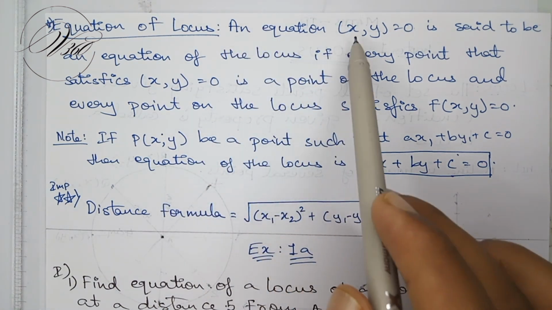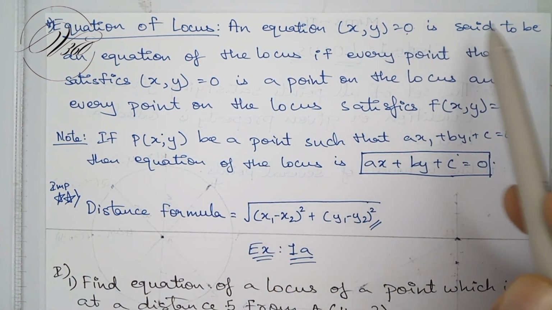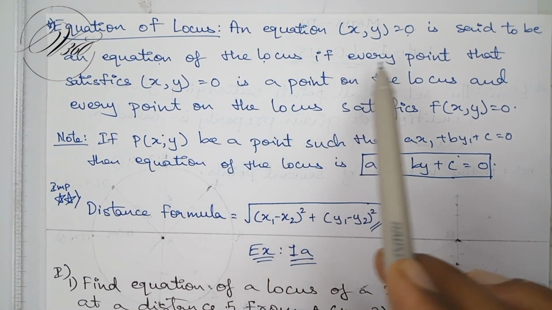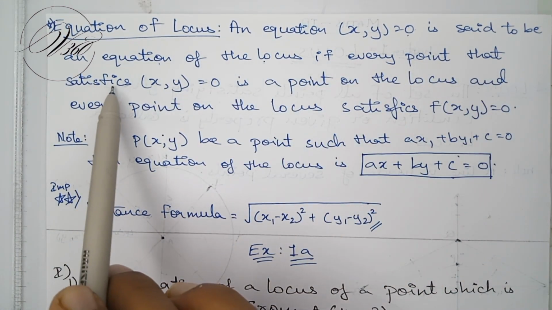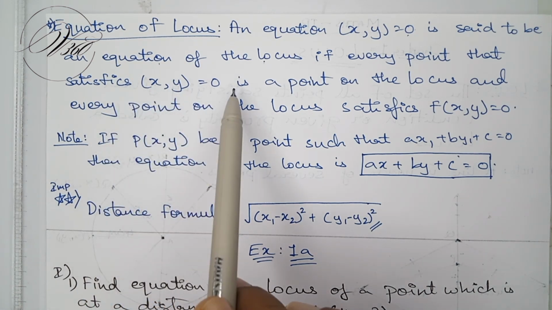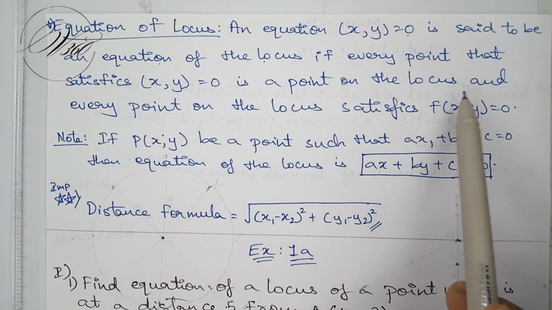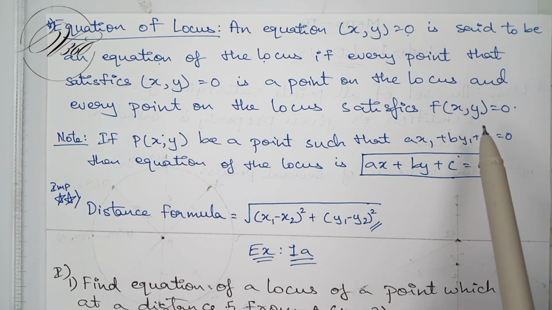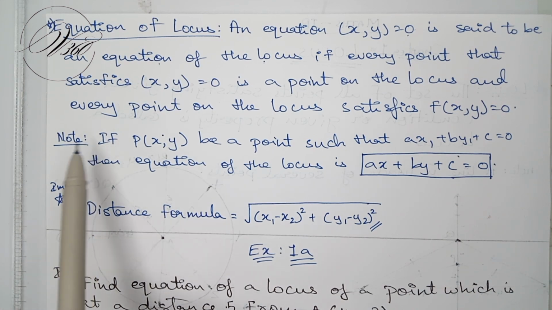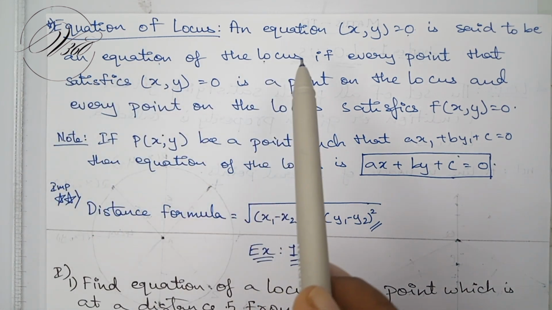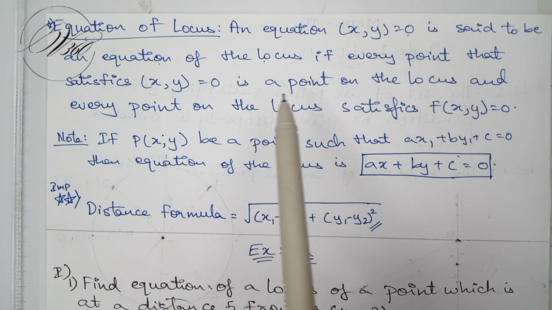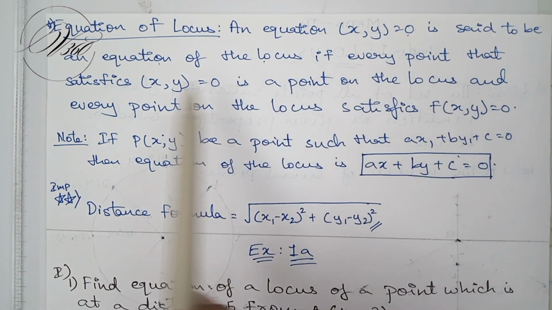An equation f(x, y) equals 0 is said to be an equation of the locus if every point that satisfies f(x, y) equals 0 is a point on the locus, and every point on the locus satisfies f(x, y) equals 0. Okay, here the equation is said to be 0 when it is a point on the locus, right?